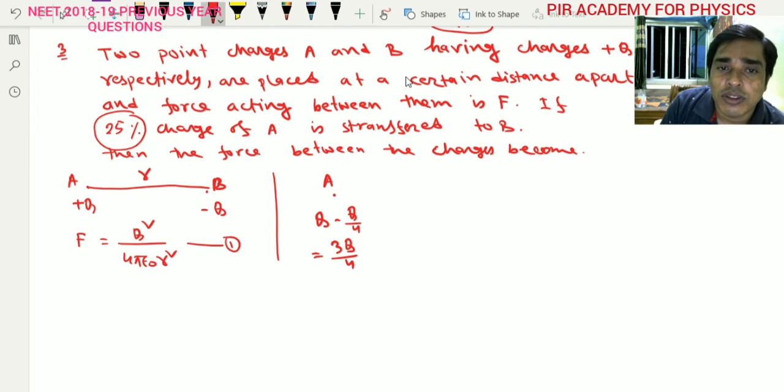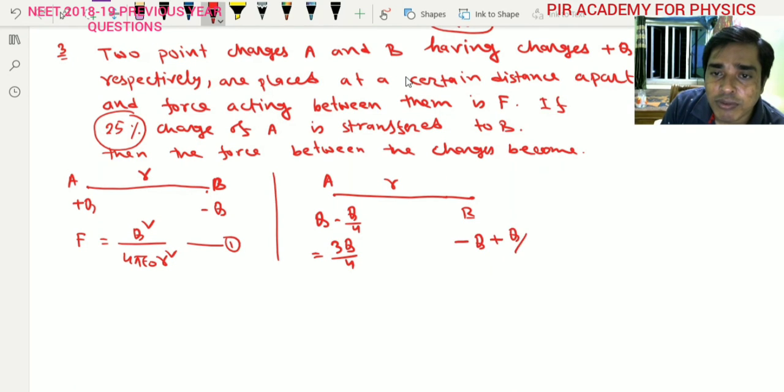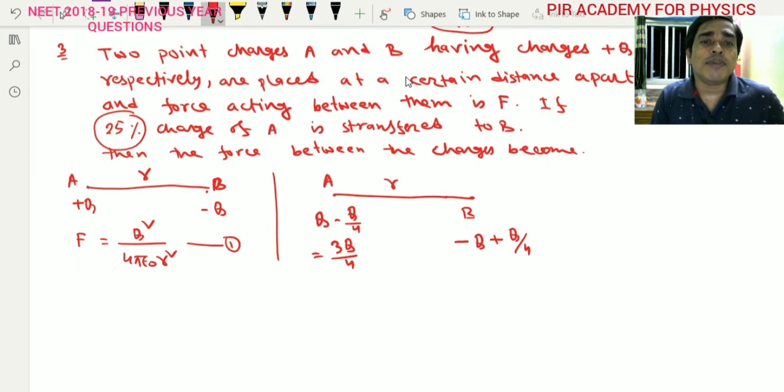So suppose distance is same, so at B it will be minus Q plus Q by 4, because 25% of charge of A is transferred to B, so it will be minus 3Q by 4. These are the two charges.